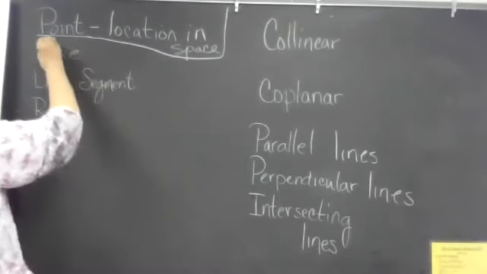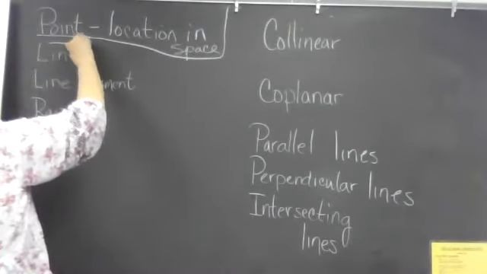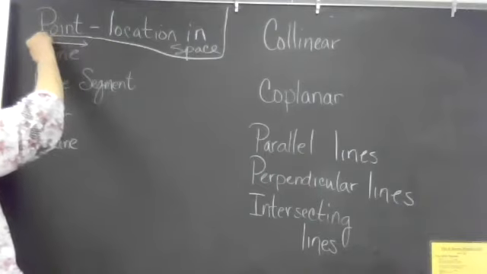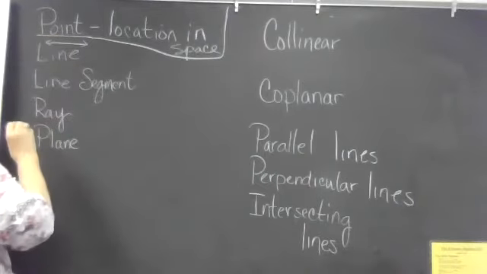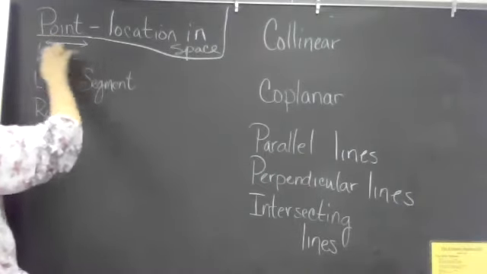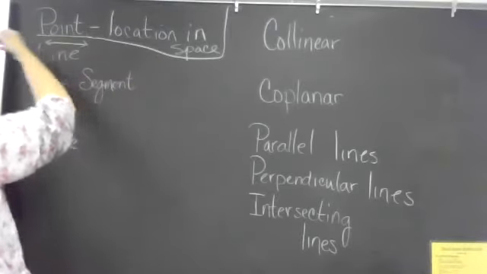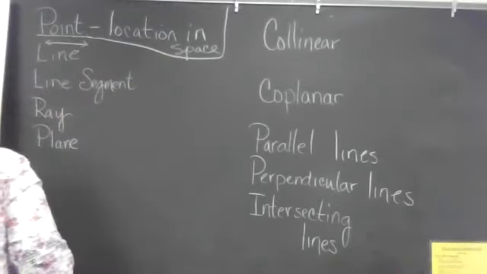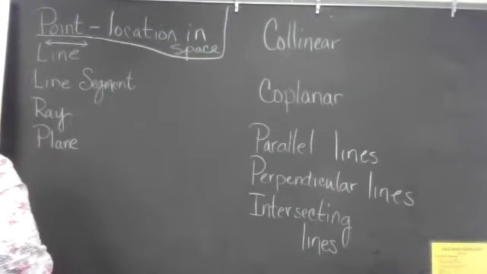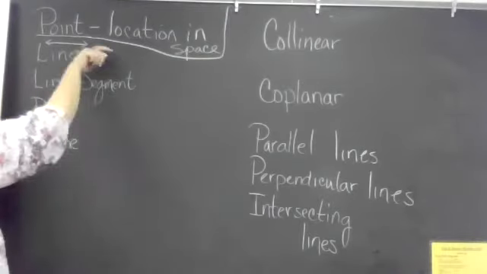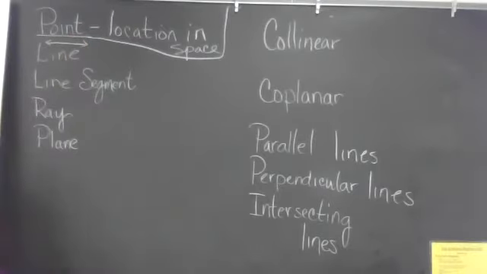So a line is indicated as a straight line, but it has arrows on it, meaning that it extends indefinitely in both directions. A line is a set of points that extends indefinitely in opposite directions.